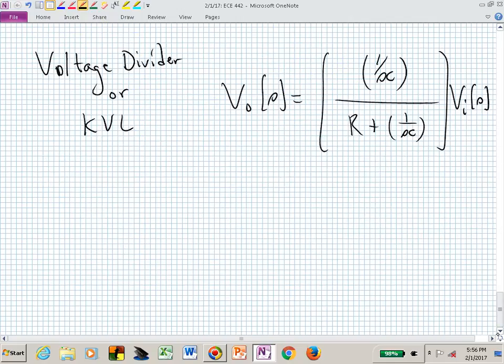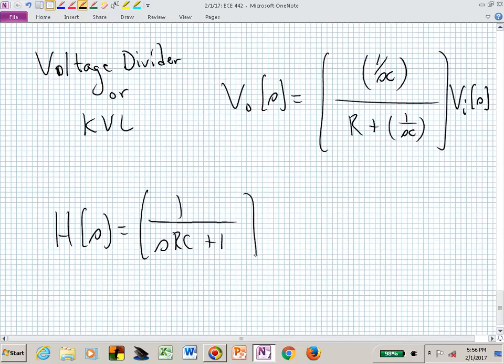And we may not like ratios of ratios. We might want to clean that up. We could get a common denominator in the denominator, which is SC, and then the SC's cancel, and we're left with a cleaner looking transfer function, which is now 1 over SRC plus 1, and ones everywhere else.